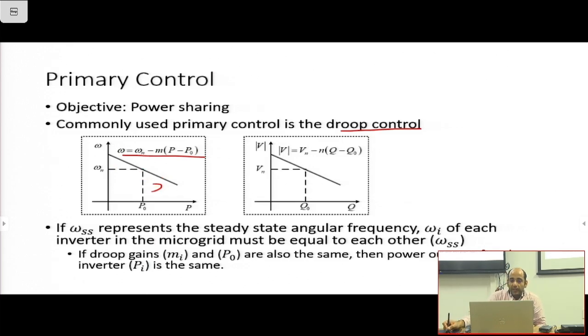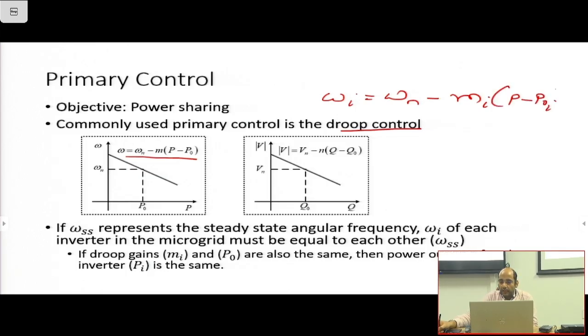Okay. So mathematically, if this is the equation of one source, you can have the same equation for all the sources. So let's say for any ith source I write omega i equal to omega nominal minus m i times p minus p naught i. At steady state you cannot have two different frequencies. So for any omega i, there has to be omega j equal to it for other sources. That means omegas for all the sources would become the same.